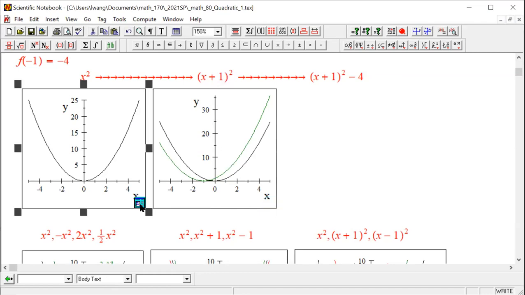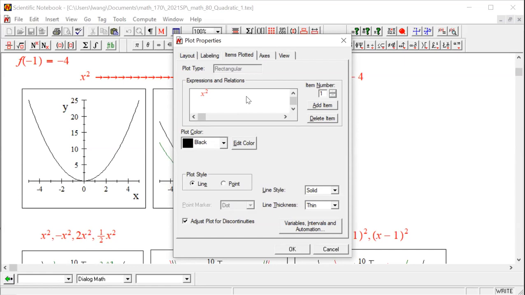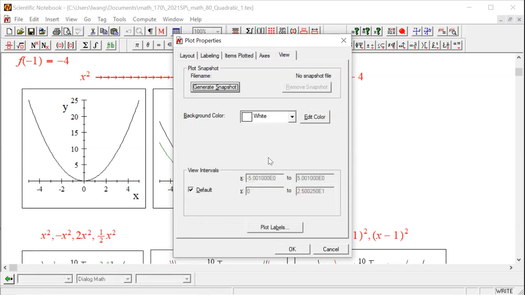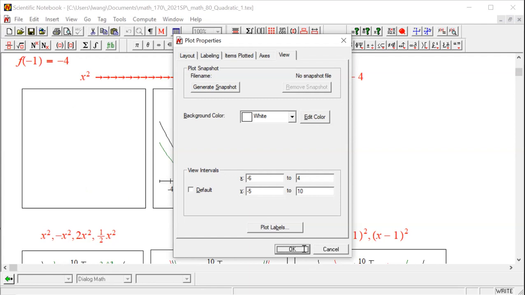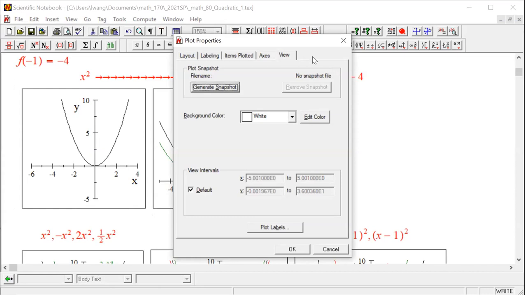Let me make some adjustment to this range of the curve.